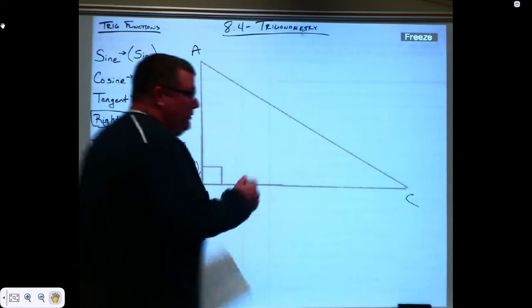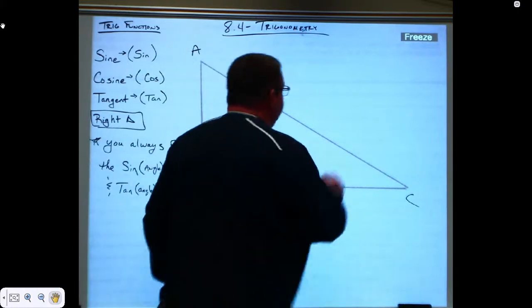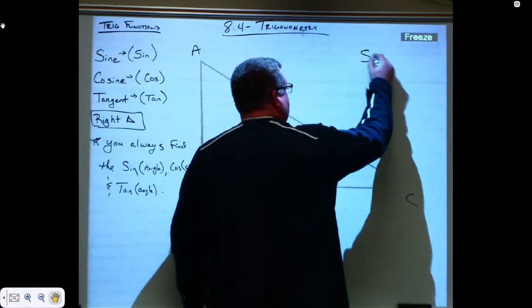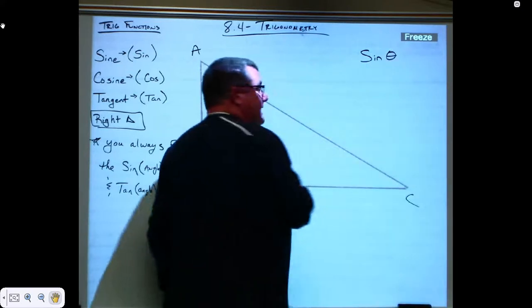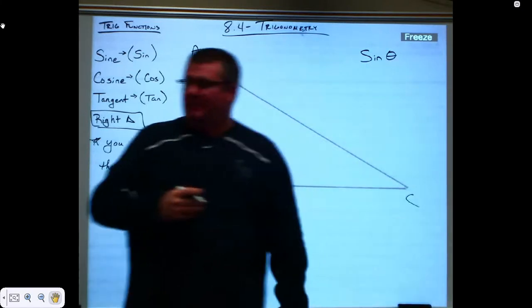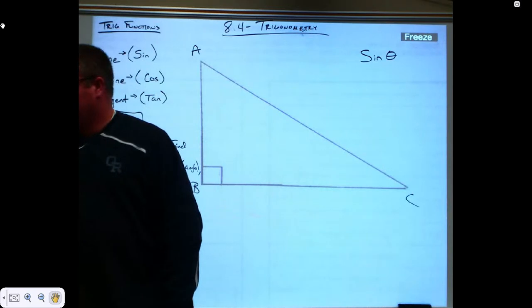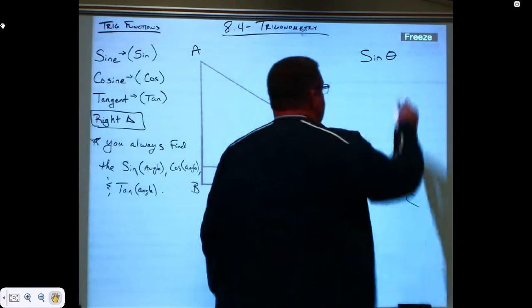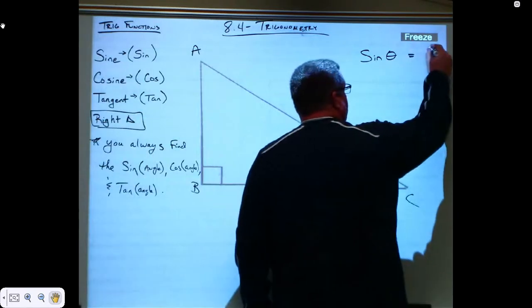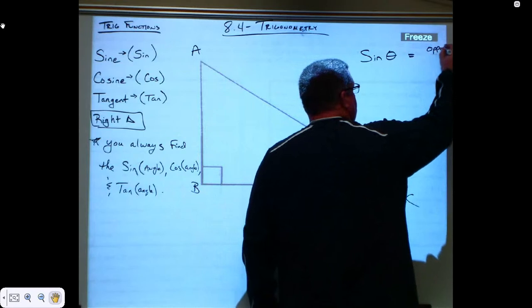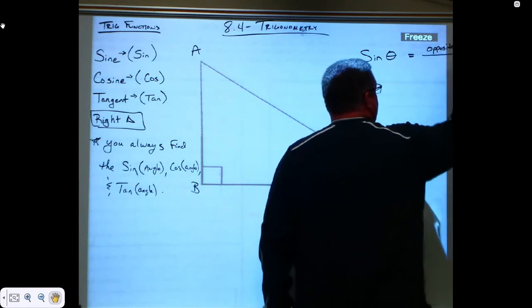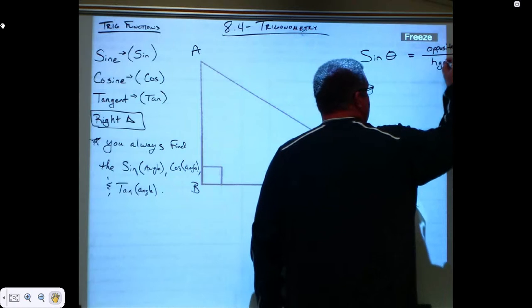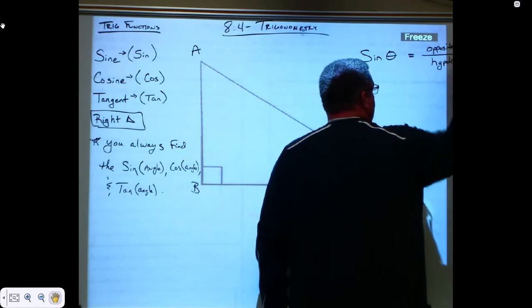And here's how your ratios work. Sine of theta, which theta represents an angle, is always equal to the opposite leg over the hypotenuse.